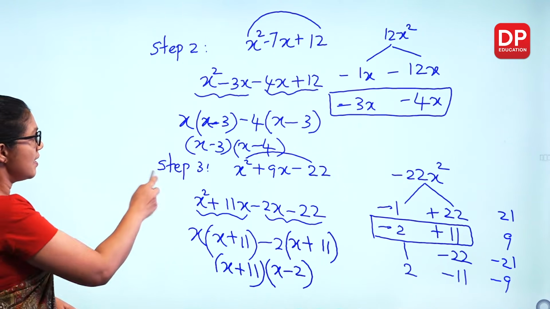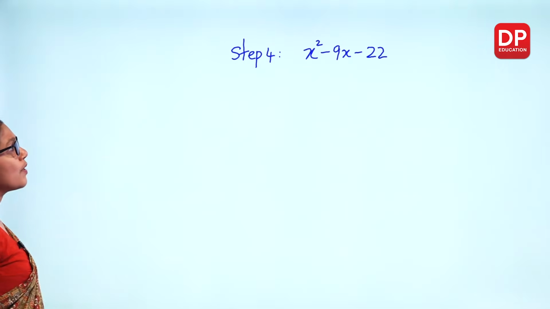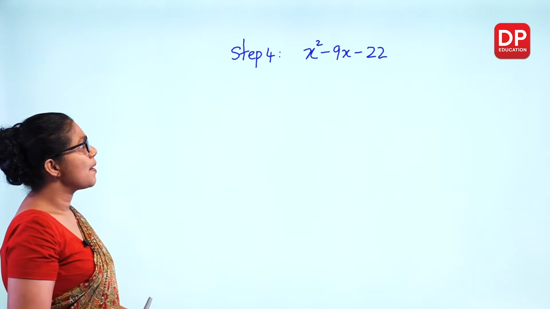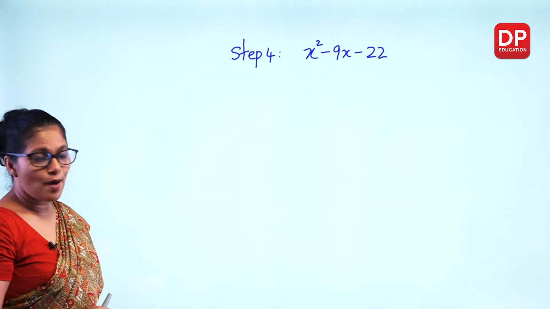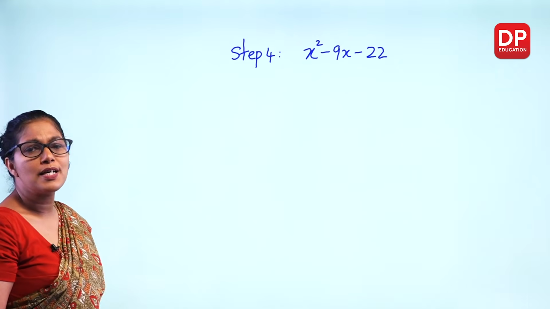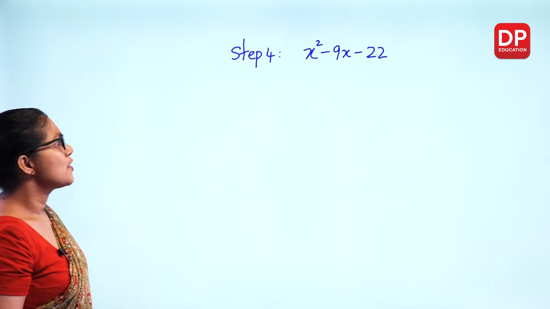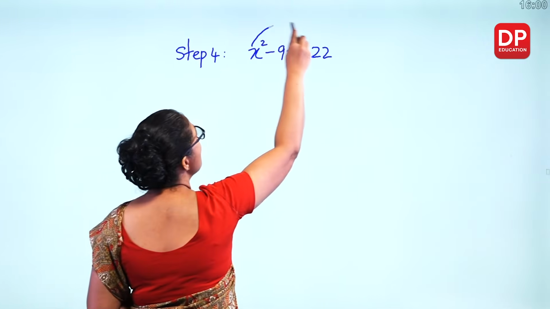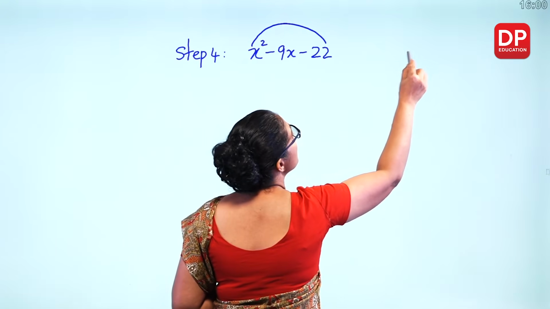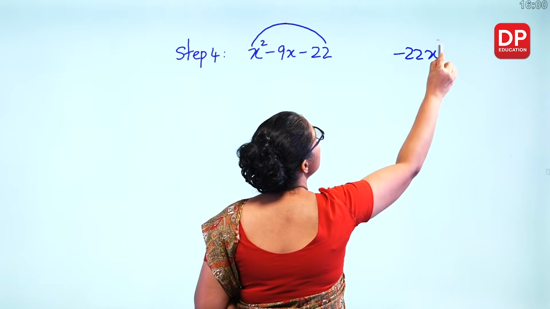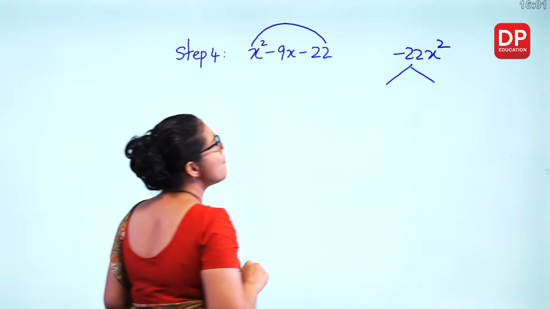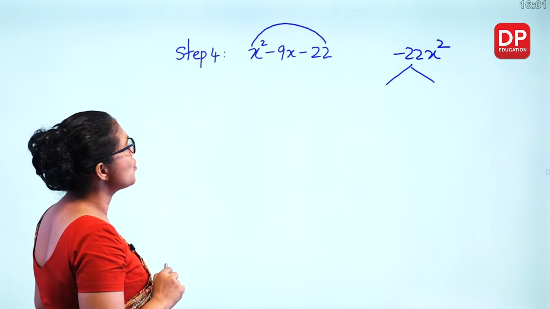So we did 3 steps. Now we'll look at the 4th step. So what's the difference now? Both the two terms are negative. But we follow the same procedure. We multiply these two, and you get minus 22x squared. And see what the factors are for minus 22.